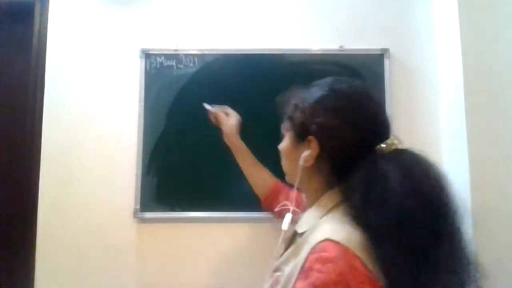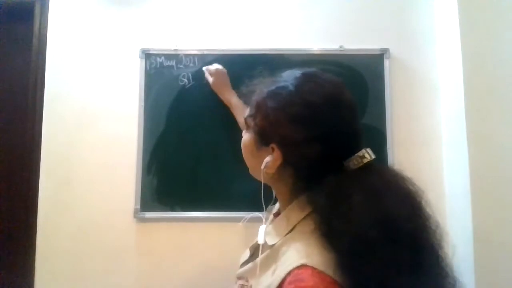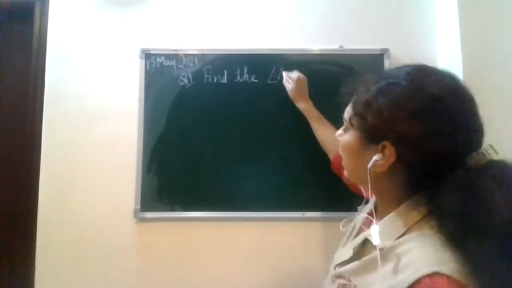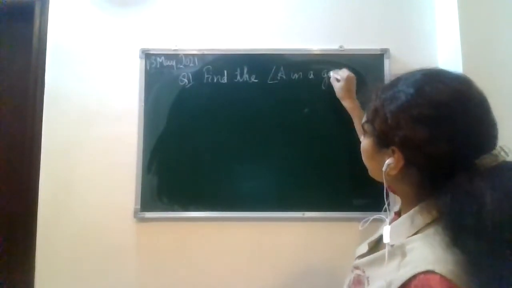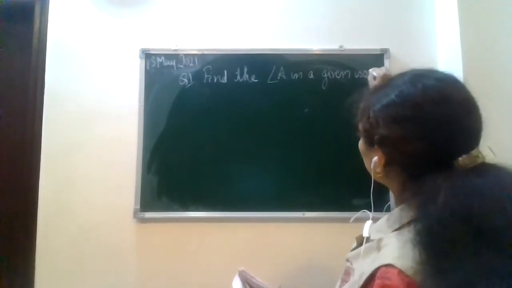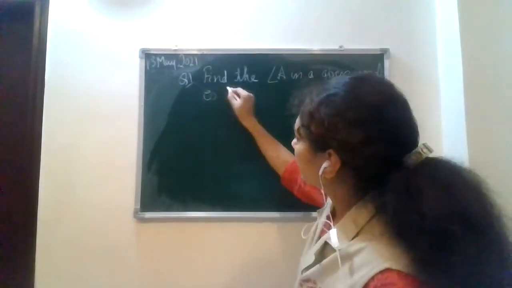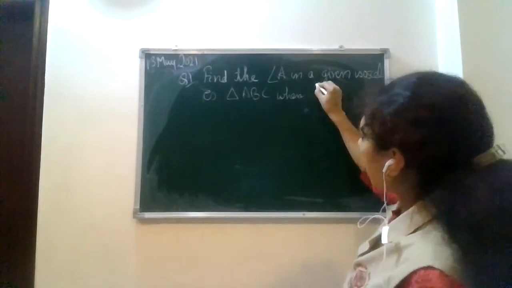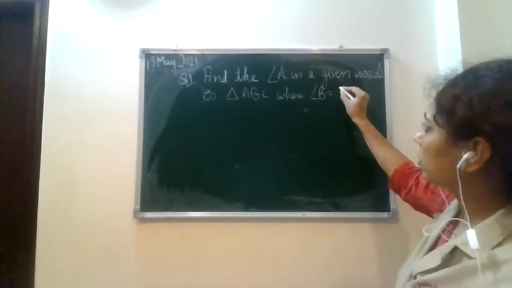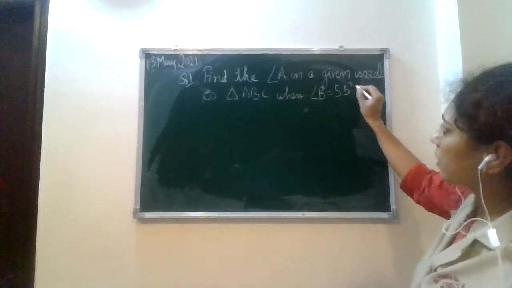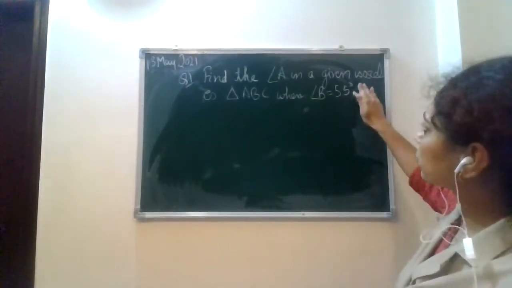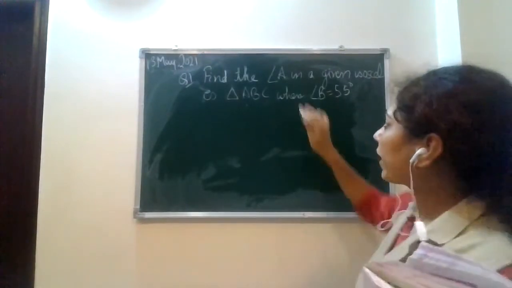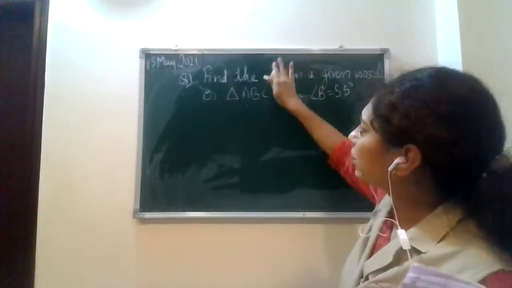For example, find the angle A in a given isosceles triangle ABC, where angle B is equal to 55 degree. Or I can ask you, find the angle X, find the value of X.